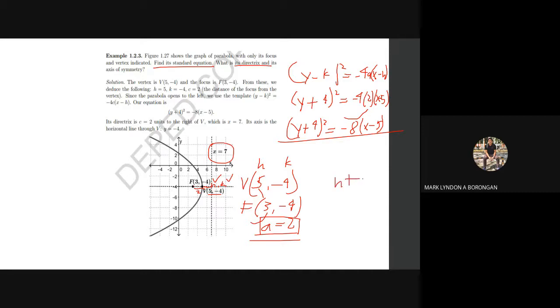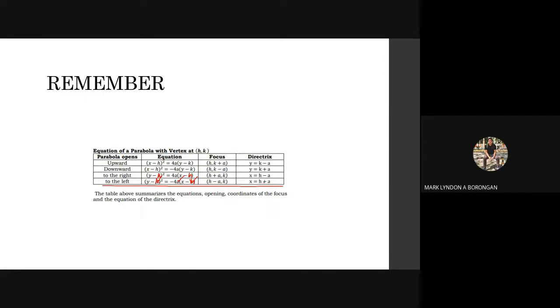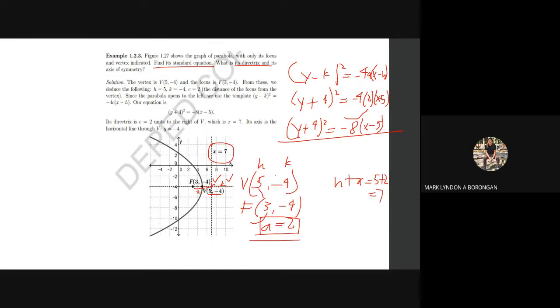So, H plus A, 5 plus 2, which is equal to 7.